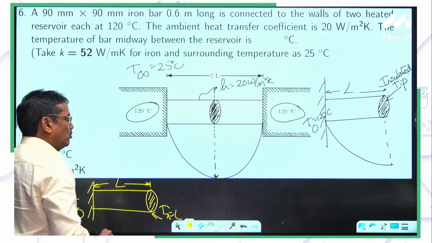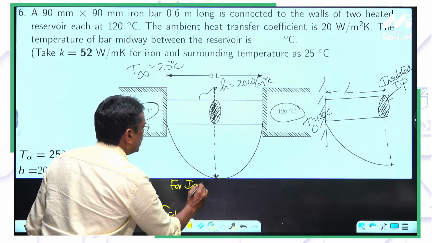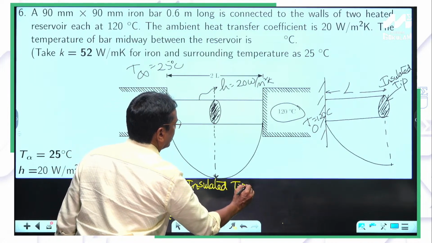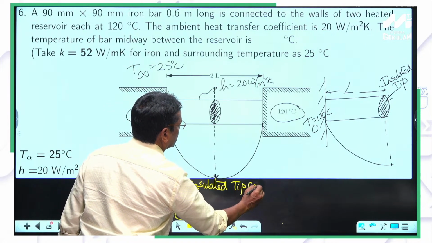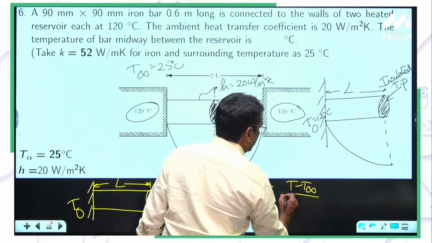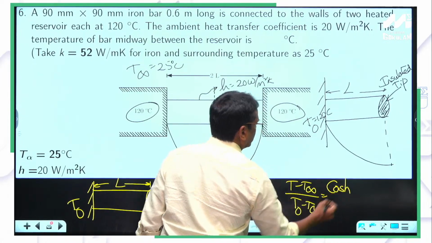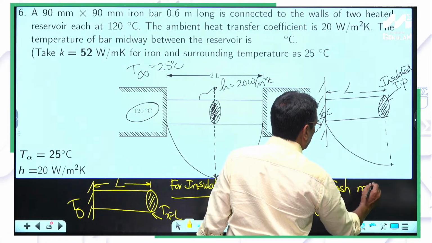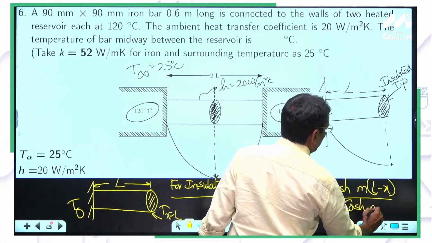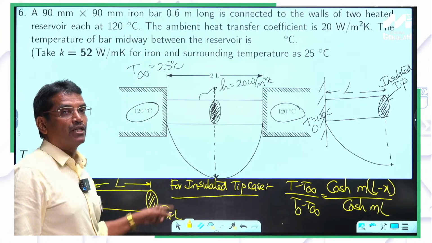Now for this insulated tip case of fin, the temperature distribution is given by T minus T infinity by T naught minus T infinity is equal to cosh m(L minus x) divided by cosh mL. This is the temperature distribution for the insulated tip case of a fin.